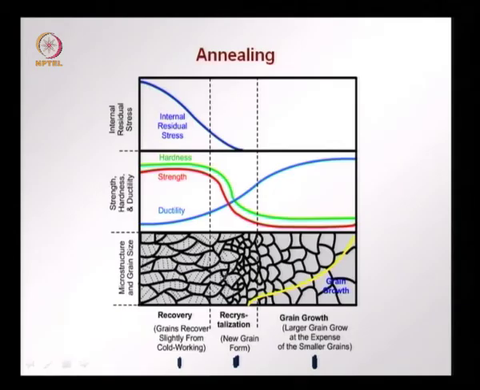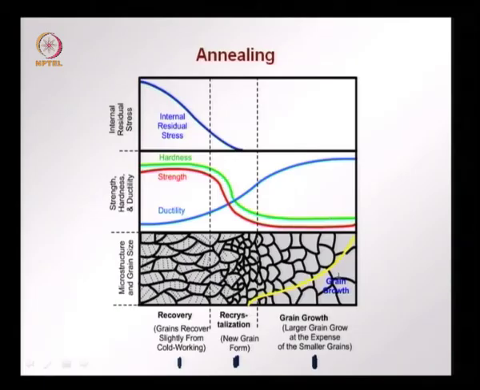In the microstructure, we find now that the residual stresses are gone and new small crystals start to grow within the structure. In the last phase, the grain growth phase, we have now no residual stresses, ductility has come back to the original pre-cold work state, as well as hardness and strength.